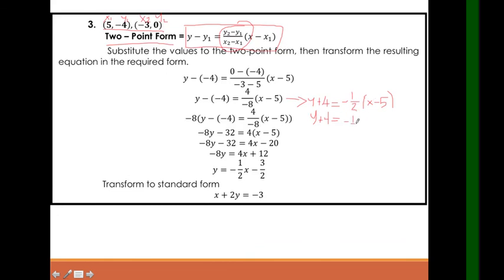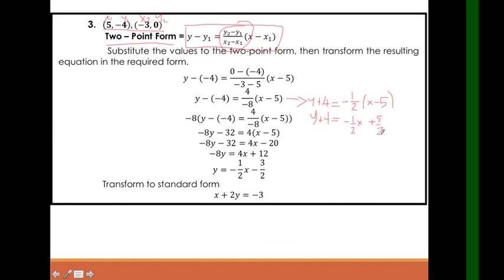Negative 1 half x. And then negative 1 half times positive 5, negative 5 is positive, what's that? Positive 5. Positive 5 over 2.